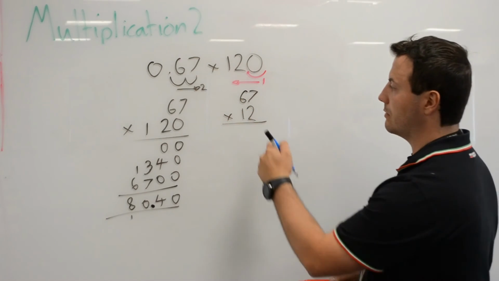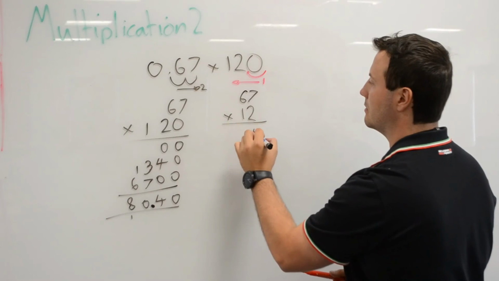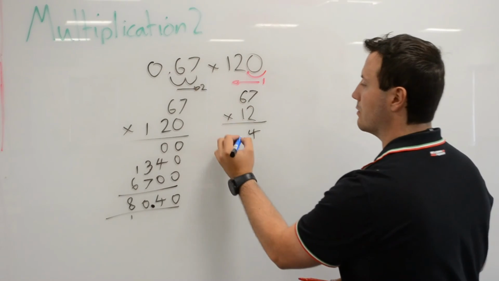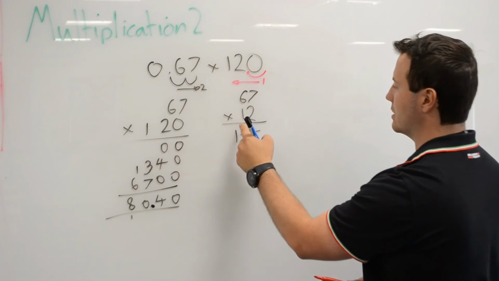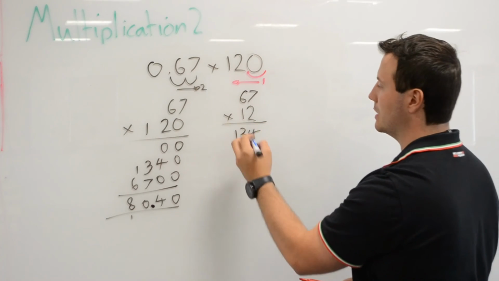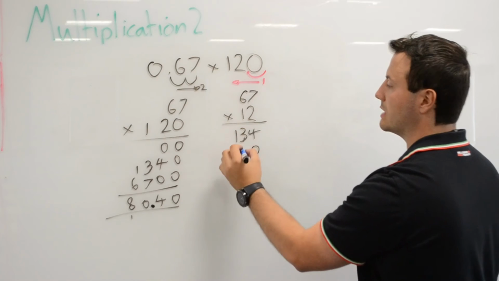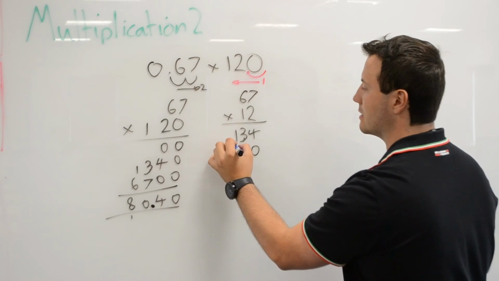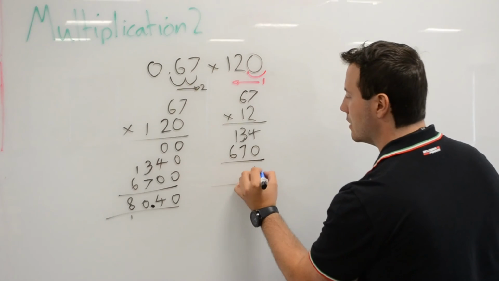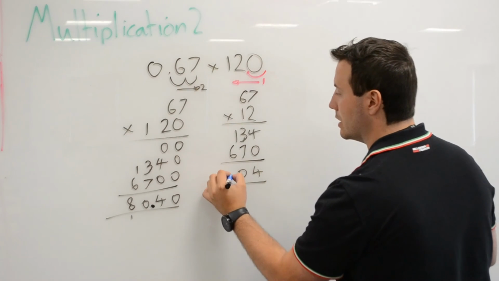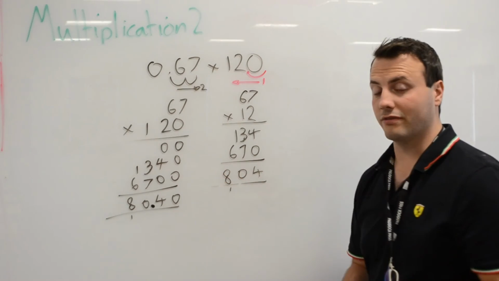So when we follow this through, 2 7s are 14, 2 6s are 12, plus the 1 is 13. Move the pivot over to the tens column, the 1 here. So we have to add a 0 in. 1 7 is 7, 1 6 is 6. Summing those gives us 4, 0, carrying 1, gives us 804.